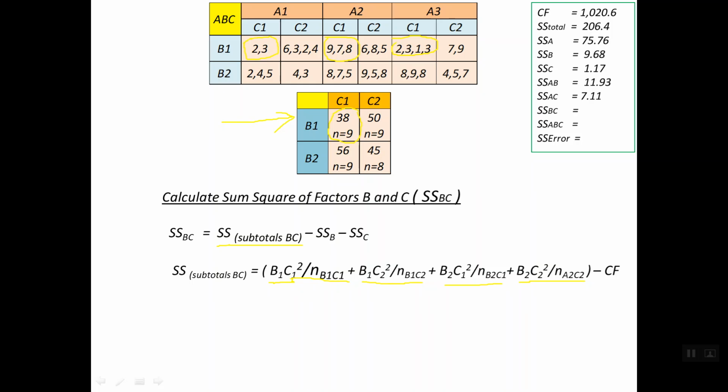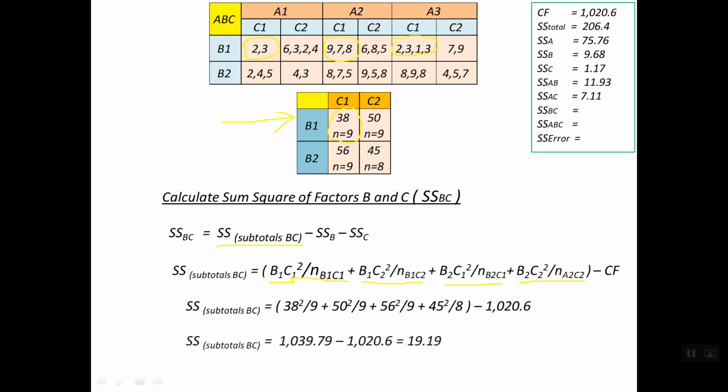The same technique we can do for the rest of the combinations. So now we can simply substitute to get the SS for the subtotals. So the value of the SS for the subtotals is 19.19.